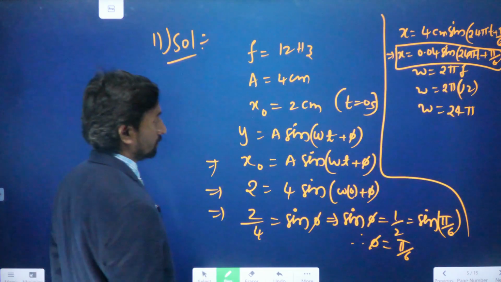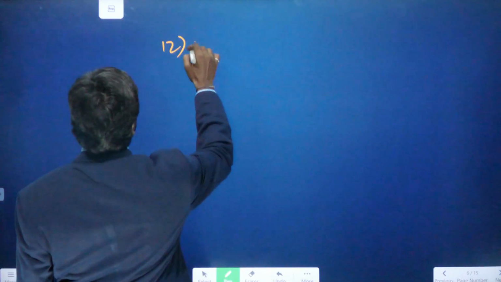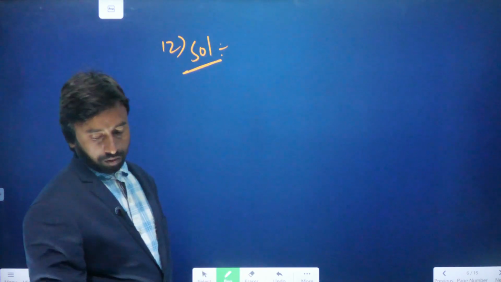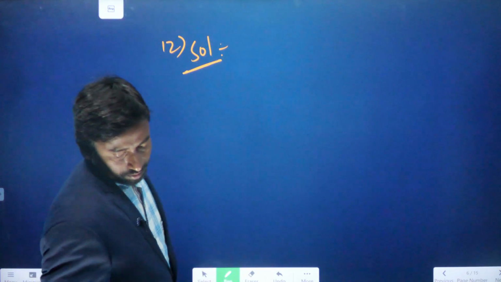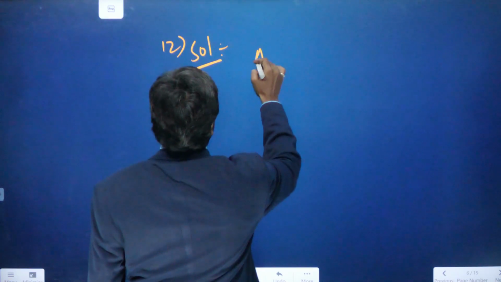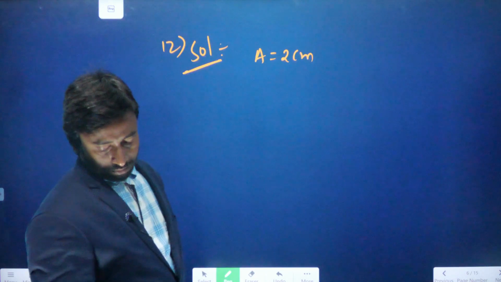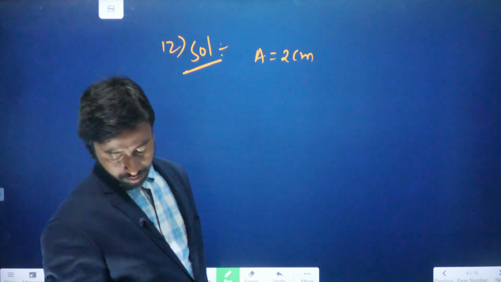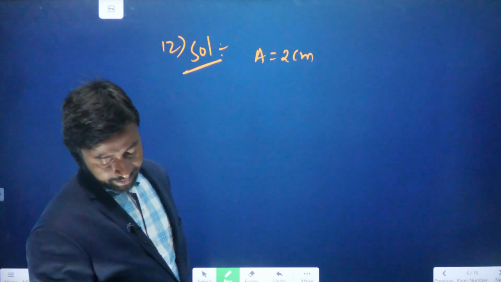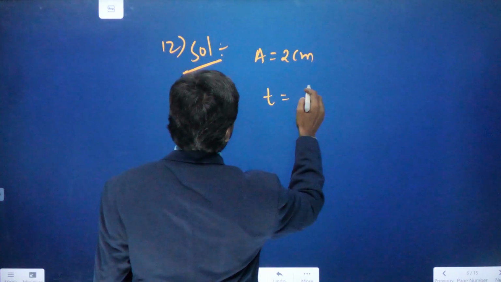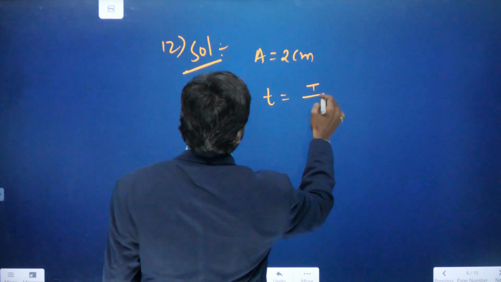We will see the 12th one. So amplitude A is equal to 2 centimeters is given. A is equal to 2 centimeters. So the time, t, is given as 1 by 6th of its time period.